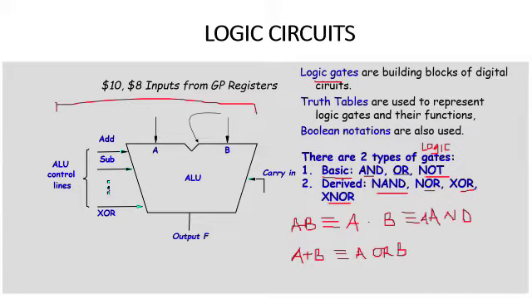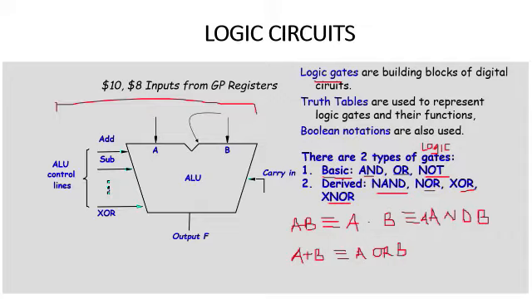This is A and B. Okay, so this is plus and this is dot, or you leave it like this. They are representations.